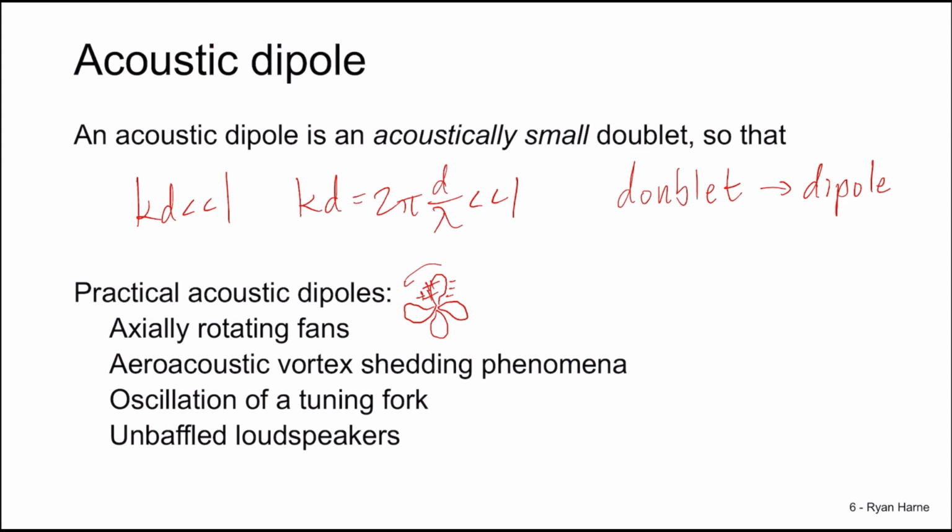Tuning fork oscillation also is an acoustic dipole. And unbaffled loudspeakers, where we have a loudspeaker that's going to generate sound, and it creates positive pressure on one side, and on the back side that's unbaffled, we've got negative pressure. So the front itself has a positive phase, and the back side has a negative phase, just like the conventional acoustic doublet and dipole.